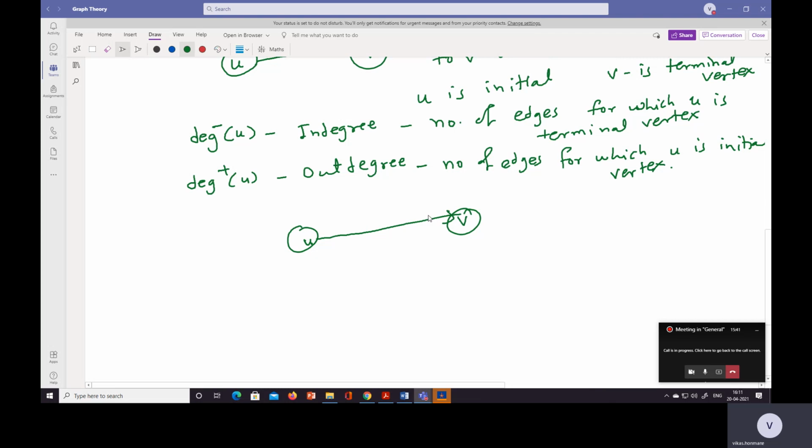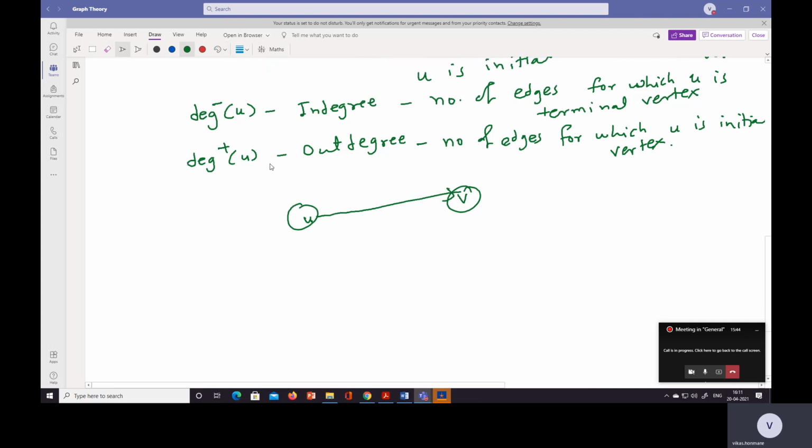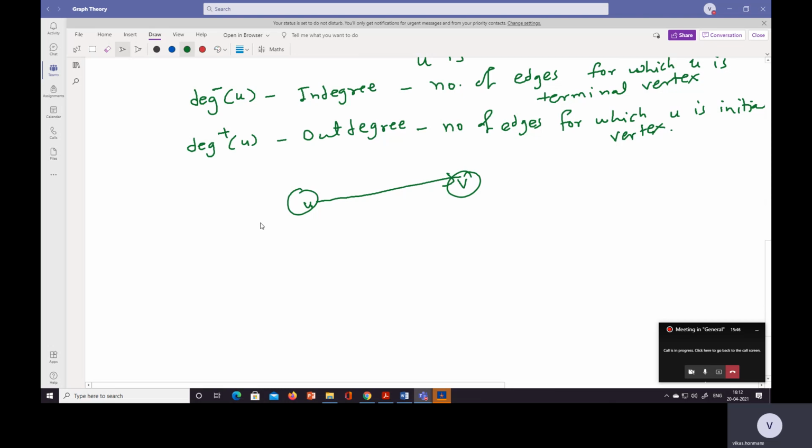Okay, so again we'll find out the in degree and out degree for both vertices: in degree for u, in degree for v, out degree for u and out degree for v.